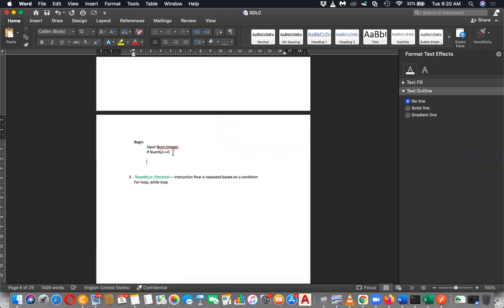Then print num is even, else display num is odd, and end if, and end.